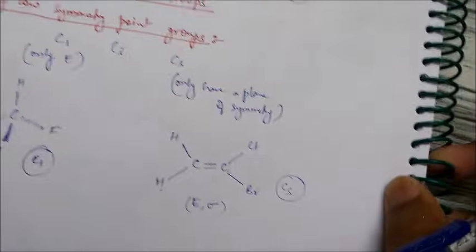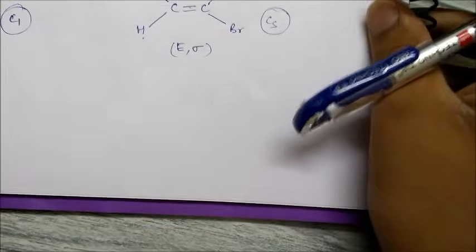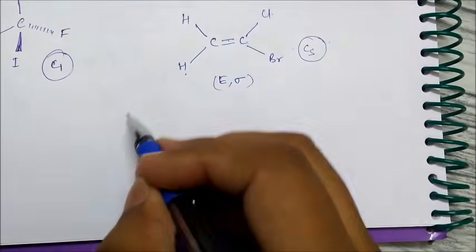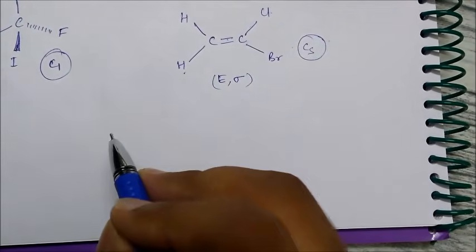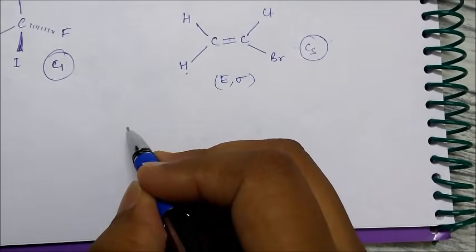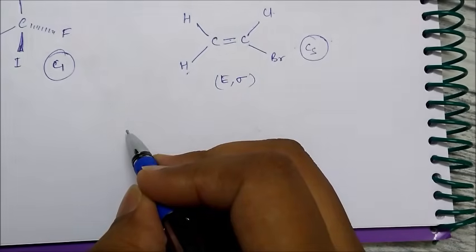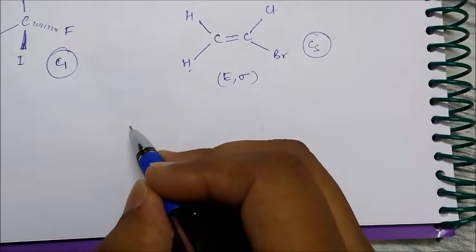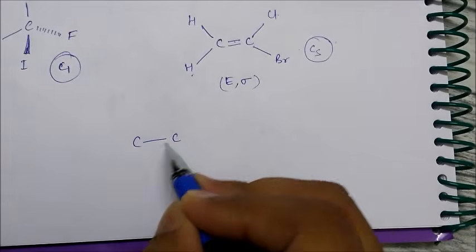Okay, next is CI. CI means the molecule which is having only an inversion center, or a center of symmetry. Let's take an example.